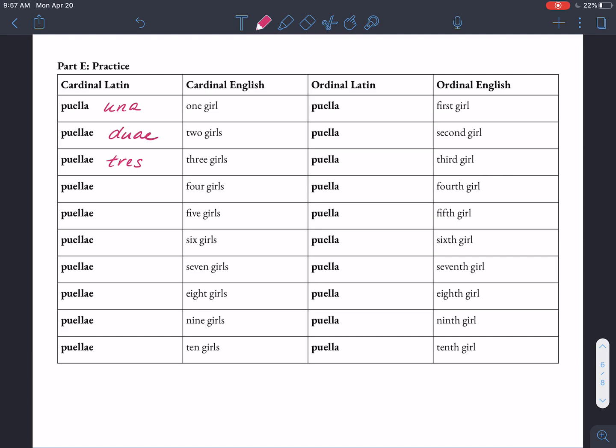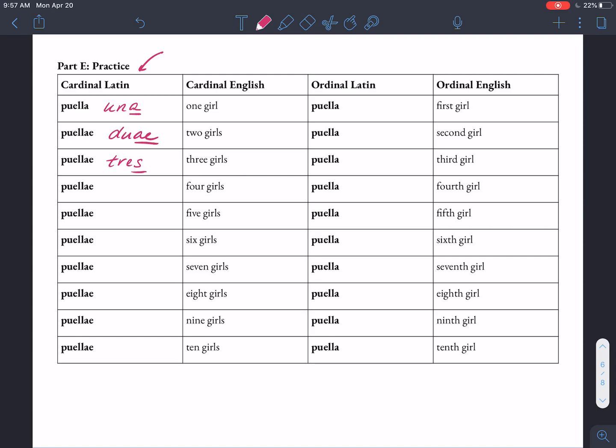Now, don't worry so much about the endings on these. They're a little funky because remember, these do get declined, but once you hit 4 in the cardinal numbers, this is review from last week, the number won't change.